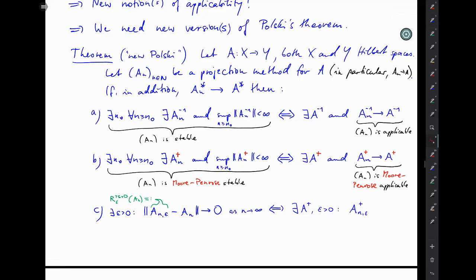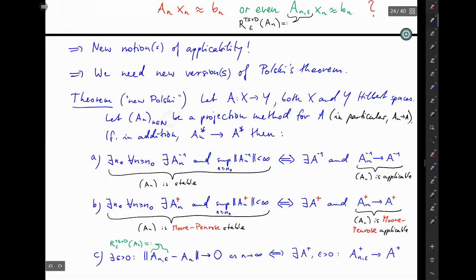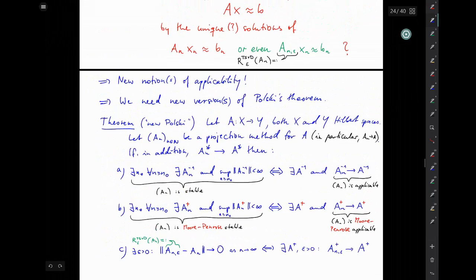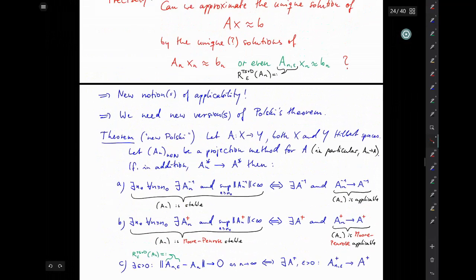Such that the pseudo-inverse of that TSVD regularized operator A_n converges to the pseudo-inverse of A. And again, that last convergence is great news because it means that the solutions of this least squares problem, which are computed by applying the pseudo-inverse of A_n epsilon to the right-hand side b_n, converge to the least squares solutions of this here, which is computed by applying the pseudo-inverse of A to the right-hand side.